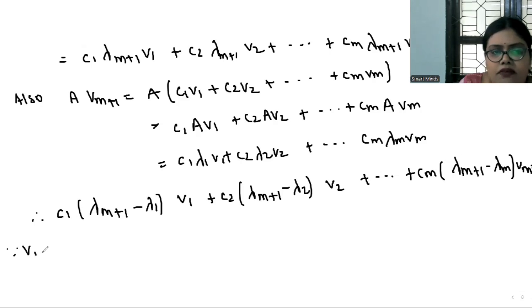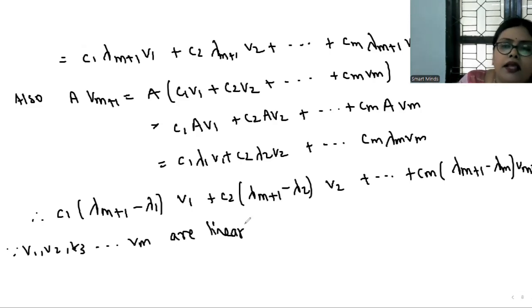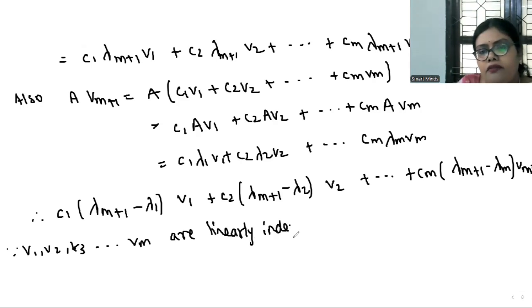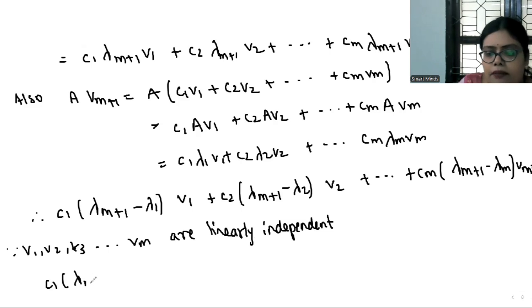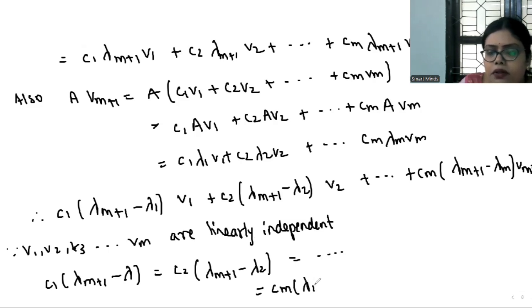Now, since V1, V2, V3, so on up to Vm are linearly independent, how can we write? C1 into lambda m plus 1 minus lambda 1 is equal to C2 into lambda m plus 1 minus lambda 2 is equal to so on, that is equal to Cm into lambda m plus 1 minus lambda m is equal to 0.